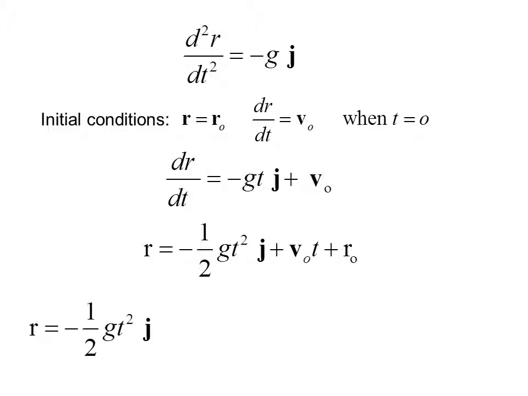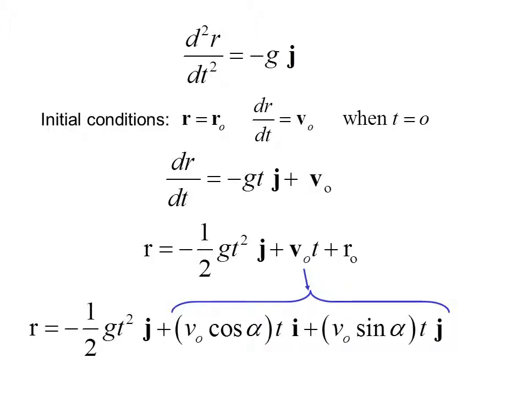Expanding, we have r equals negative 1/2 gt squared j, and we separate the velocity vector into horizontal and vertical components, getting plus v sub 0 cosine alpha t i plus v sub 0 sine alpha t j.